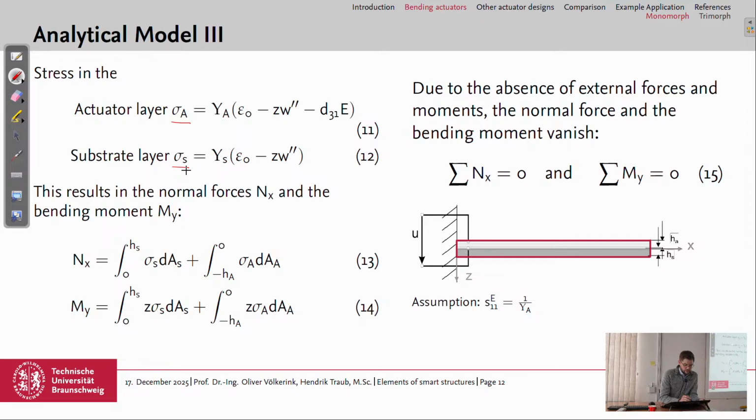If we don't have an external force, we can sum up these stresses and integrate them over the height of the different layers, so the height of the structural layer and the height of the actuator layer, and the same for the moments, but then we have to multiply by the z coordinate for the lever to get the moment, and integrate it over the cross section. Then we have an equation for the normal forces.